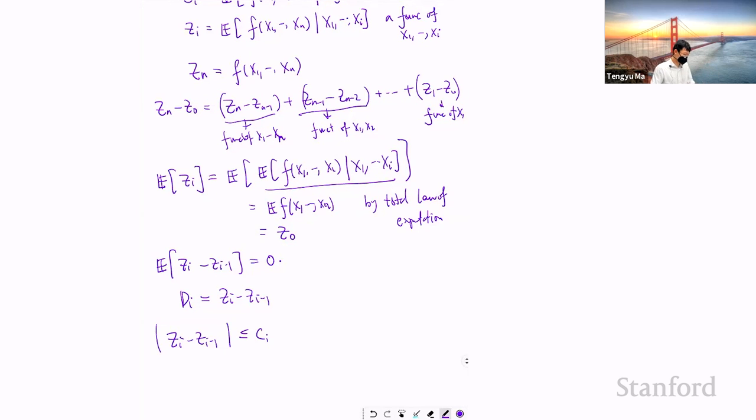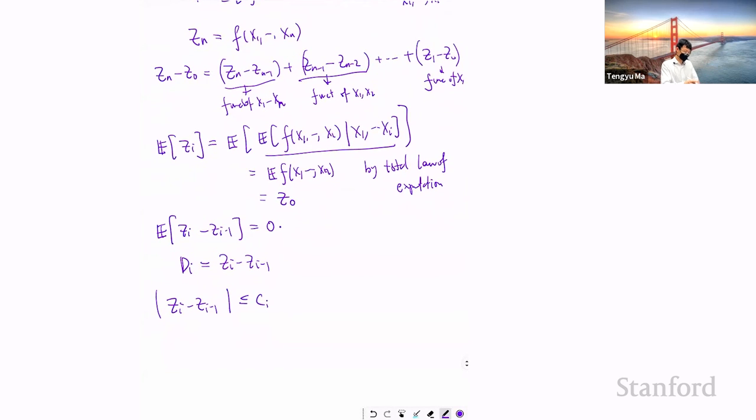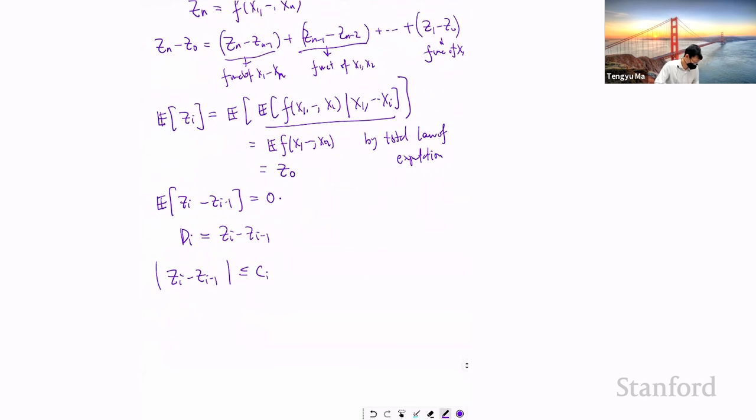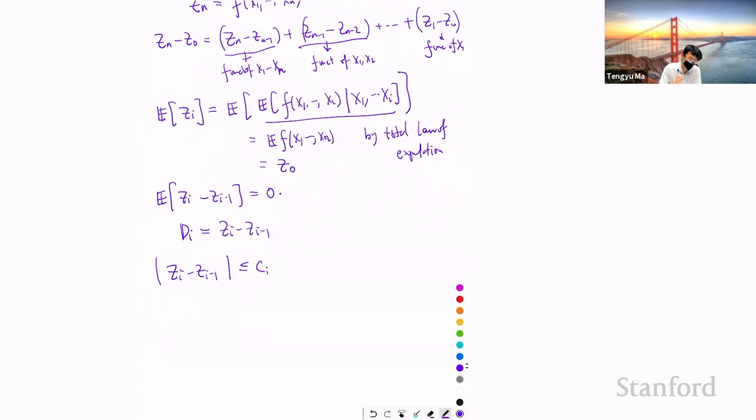So how do I do that? Let me see whether I can simplify this proof a little bit, for the sake of time. Okay, I guess it doesn't simplify, so let's only prove it for z1 minus z0, just in the interest of time.